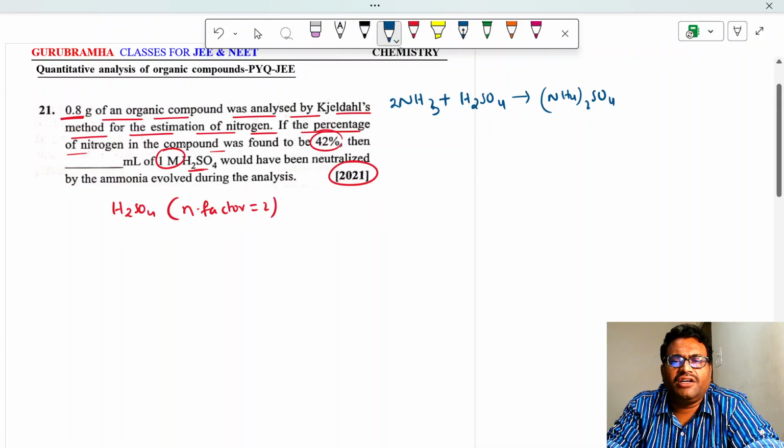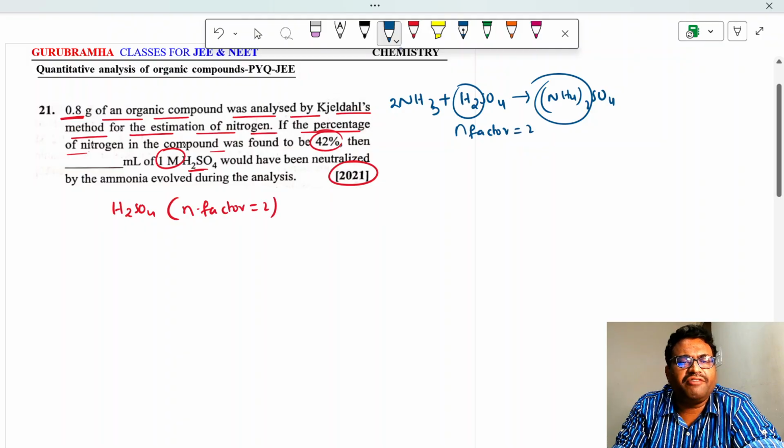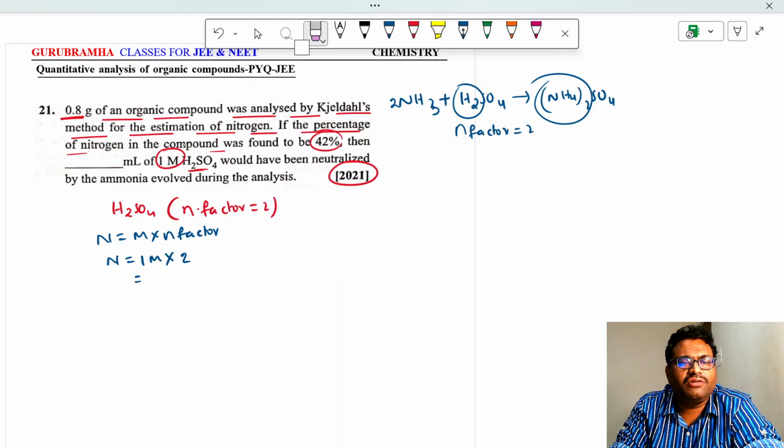Here in H2SO4, 2 hydrogens are replaced with 2 ammonia. So the n factor is equal to 2. And we know that normality is equal to molarity into n factor. Molarity given is 1M, 1M into n factor 2, so we get 2.